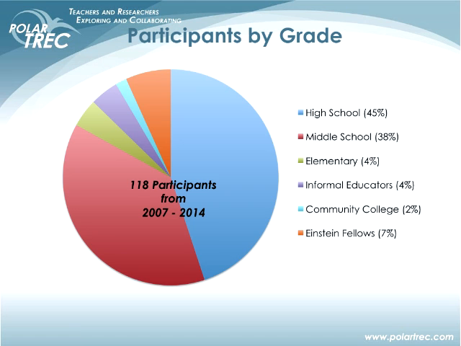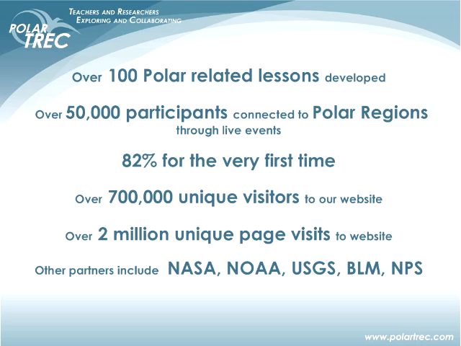We definitely encourage elementary teachers to apply to this program. It's a great opportunity. We've had informal educators from museums or science centers apply. Community college is also listed. Yes, if you're in the community college arena, we do accept applications from you. And then, like I said, we've had the Einstein Fellows as well. So we'll go into more about applicants and address some of those questions down the road here.